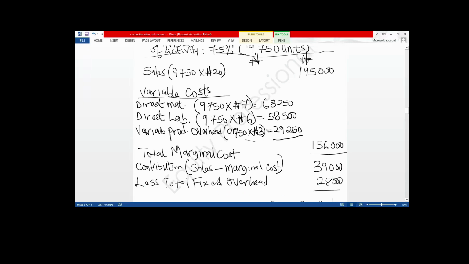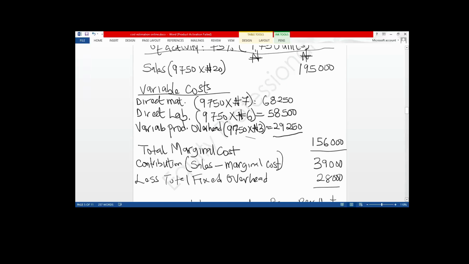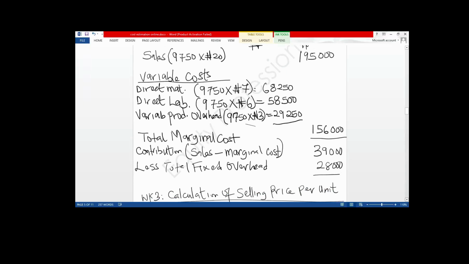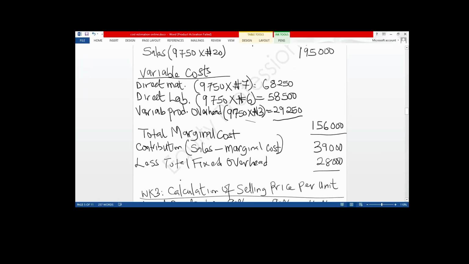What is the profit? 11,000. Our profit is 11,000. You are done with Apapa now.